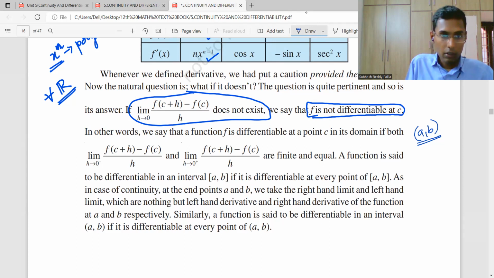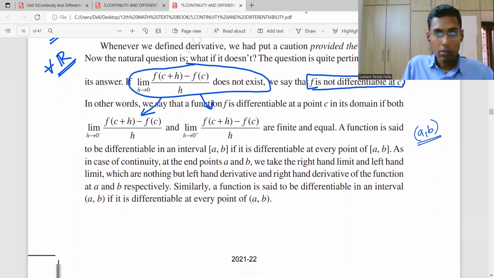So the same thing we wrote. If you write the limit h tends to 0 minus, this is left differentiation, and this is right. Left hand differentiation, right hand differentiation, like left hand limit and right hand limit. That we also saw.